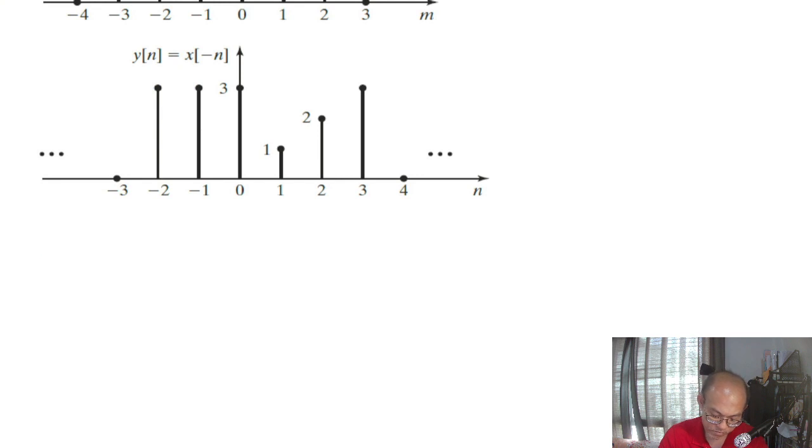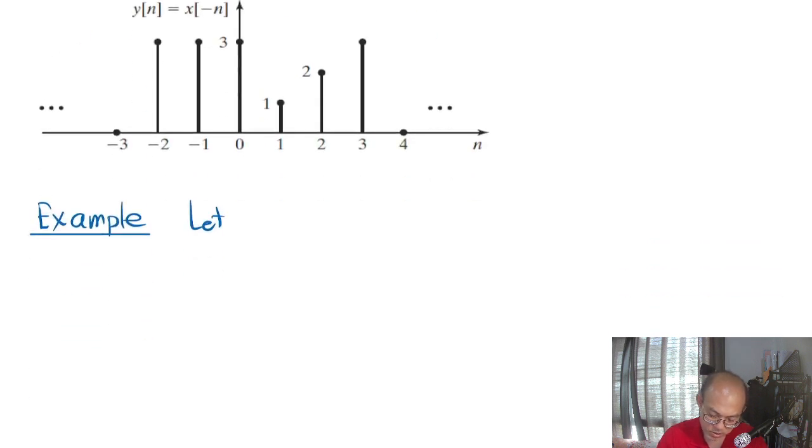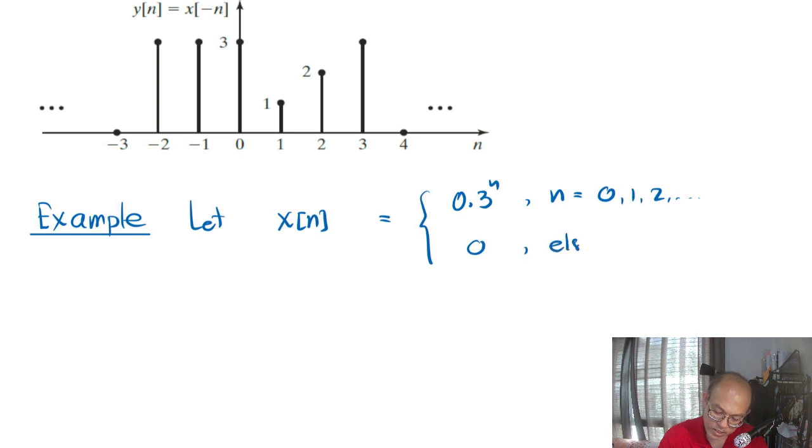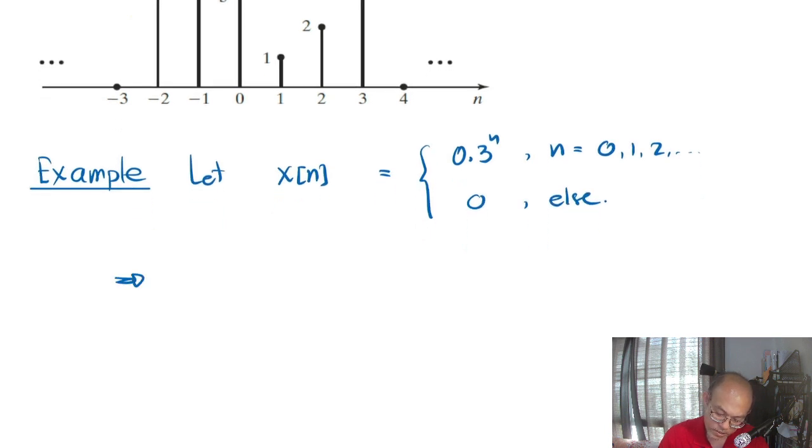Let's do another example. Let x of n equal 0.3 to the n, where n is 0, 1, 2, and so on, and 0 elsewhere. Then the time reversal would be x of minus n, so you just replace every n you see with minus n.